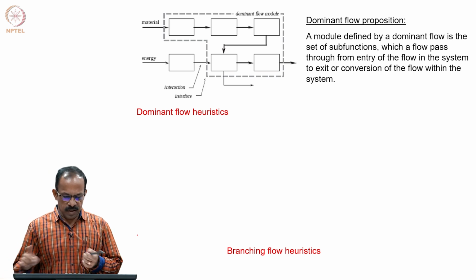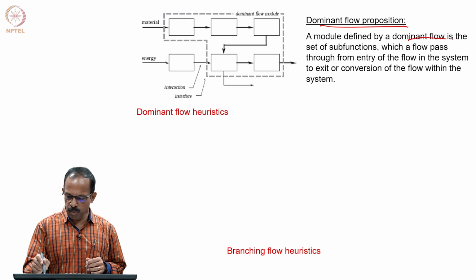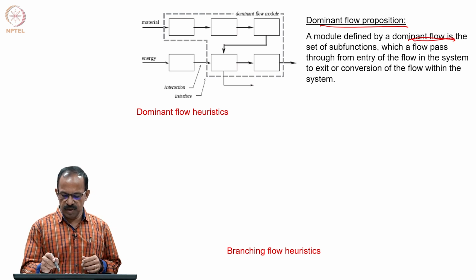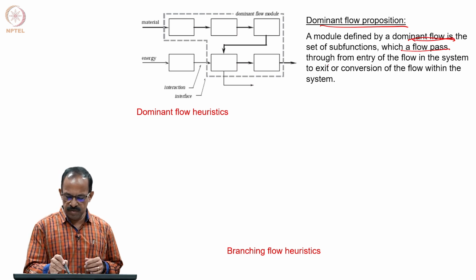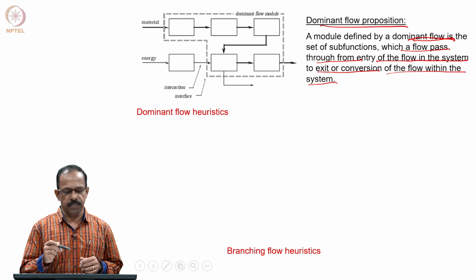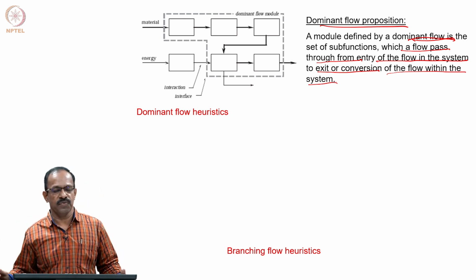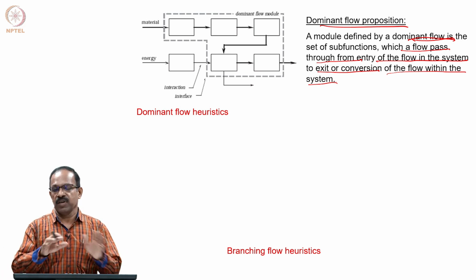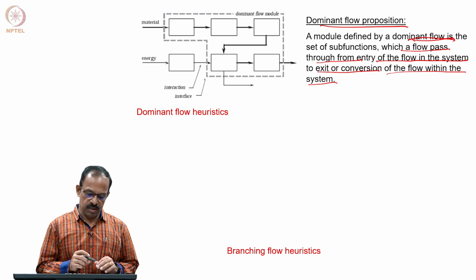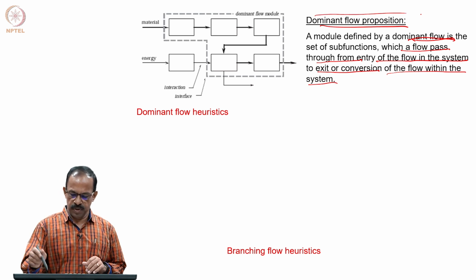Okay, so this is what I already explained. The dominant flow is defined by a set of sub functions which a flow passes through from entry in the system to exit, or conversion of the flow within the system. Till the flow comes out of the product, or it gets converted to some other flow, all those functions which are part of that are known as the dominant flow proposition.